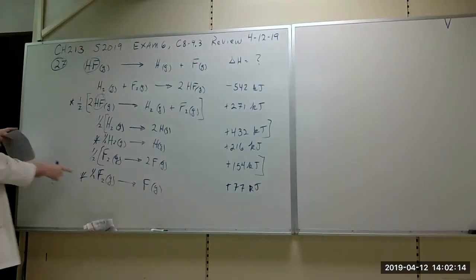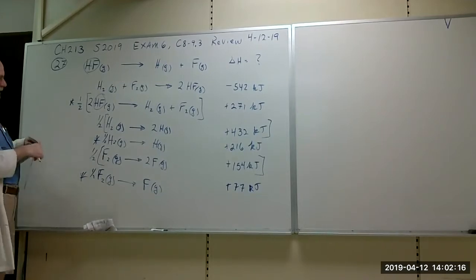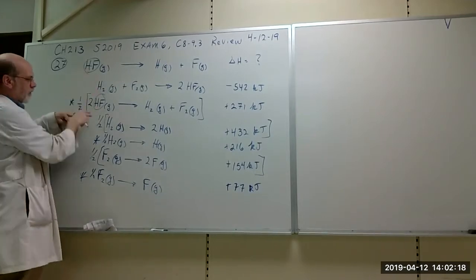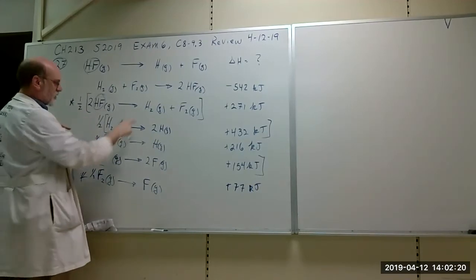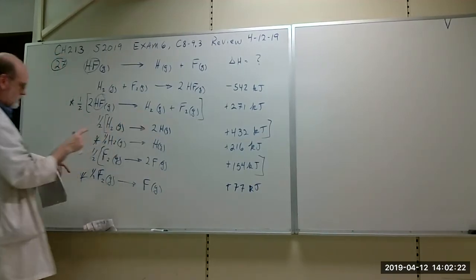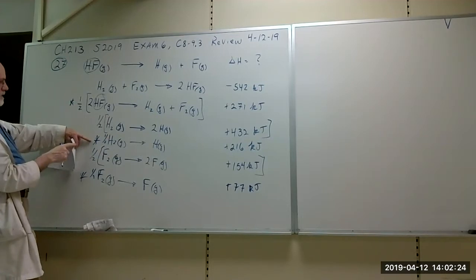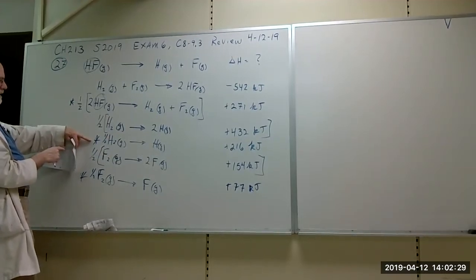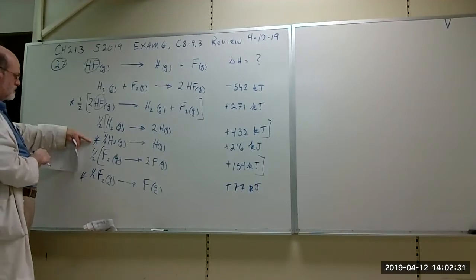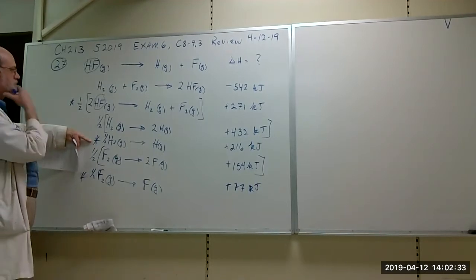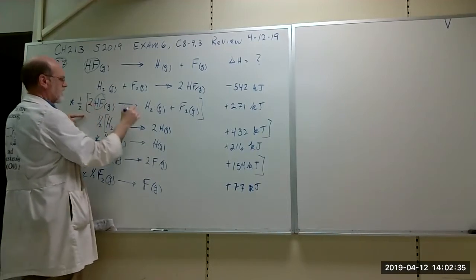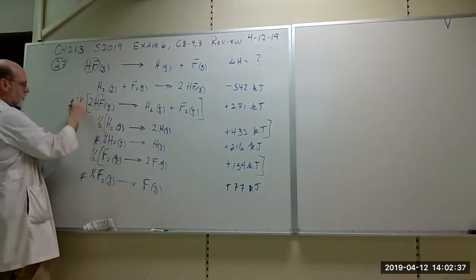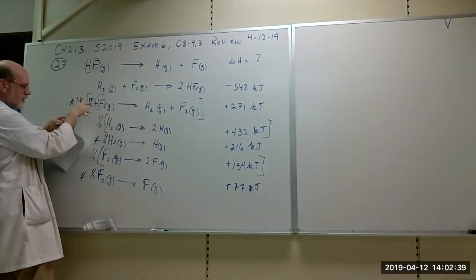Okay, so these are the three we have to add together. This is going to be 1 HF. We keep that one. This is a half H2, this is a half. If we get rid of that, so that's 1 HF.